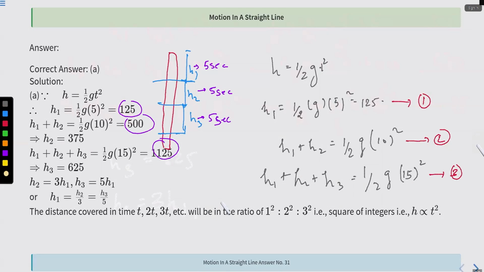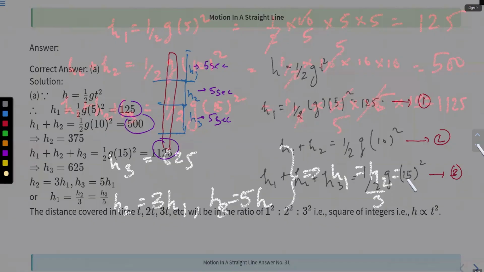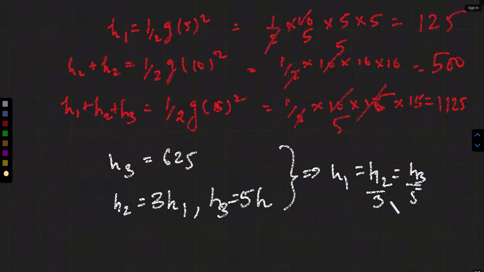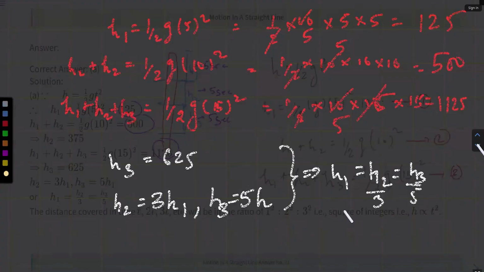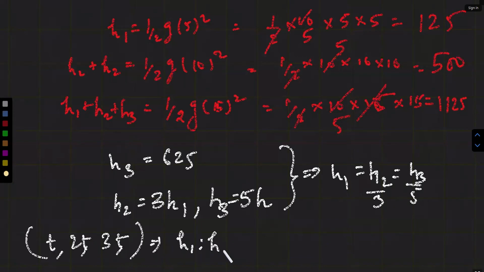This totally sums up that H2 is 3 times H1 and H3 is 5 times H1. So the distances covered in time t, 2t, and 3t, the ratio of H1 to H2 to H3 will be 1 to 3 to 5.